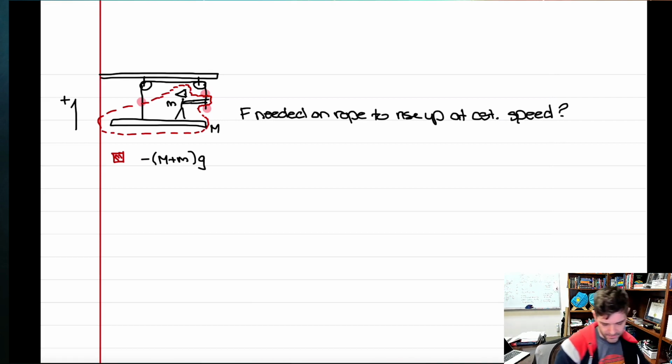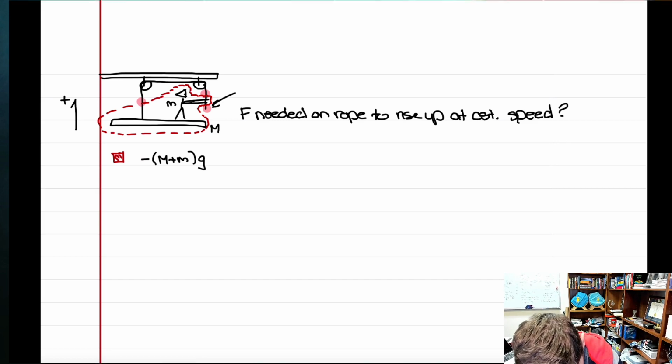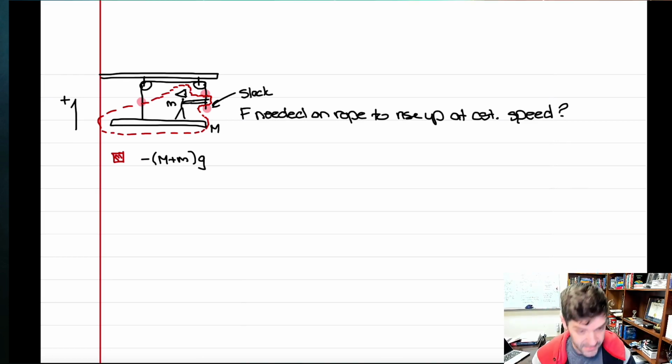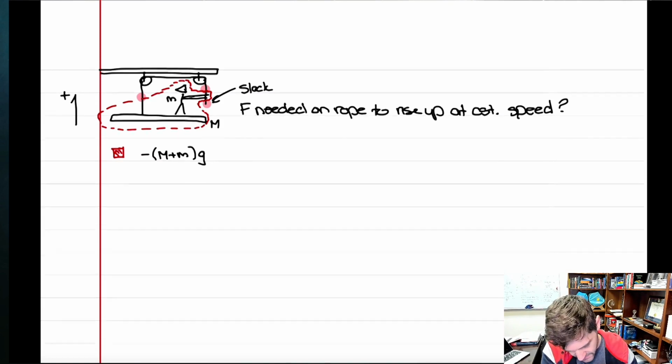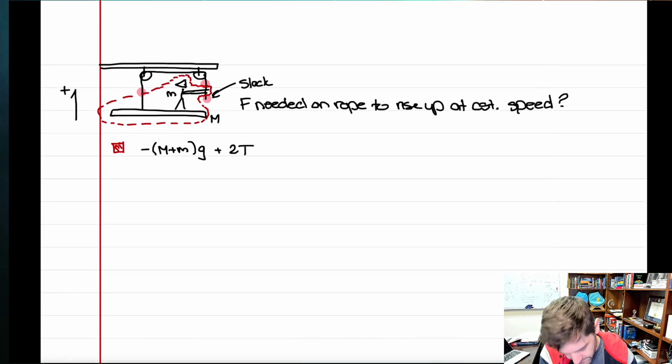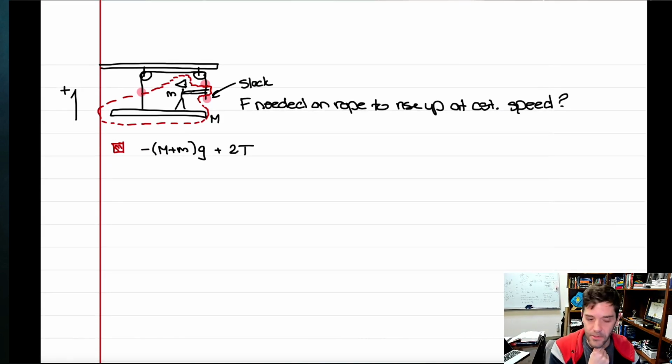So that third one is not contributing any force because it's slack, at that part. But there is tension in the 2 on the top. And it's the same rope, though it goes over some pulleys. So I imagine that there's going to be 2T from the tension in that rope pulling up on the system, me plus platform.